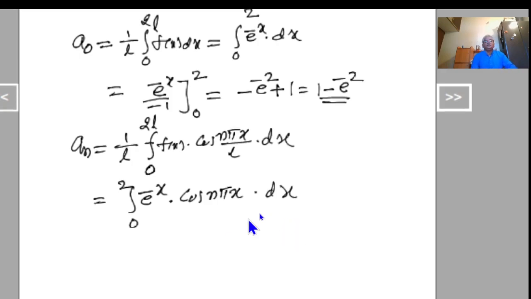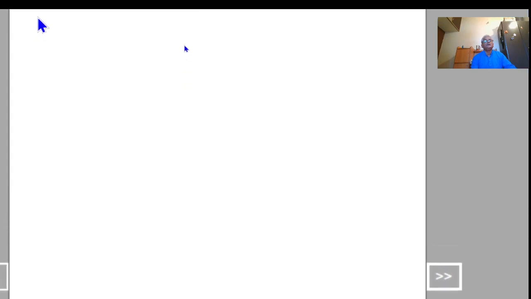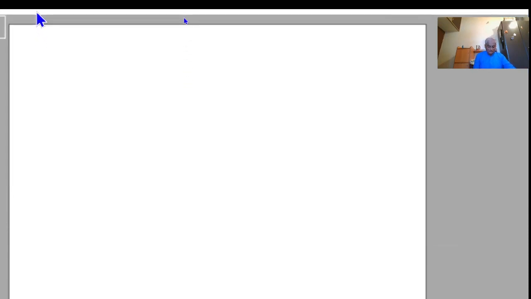Now, to find the integration of this, we have the integral of e power of ax into cos of bx plus c.